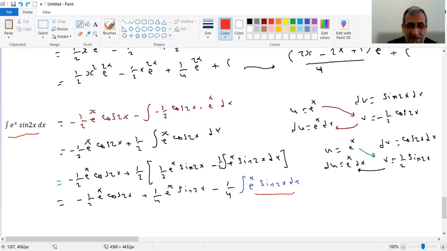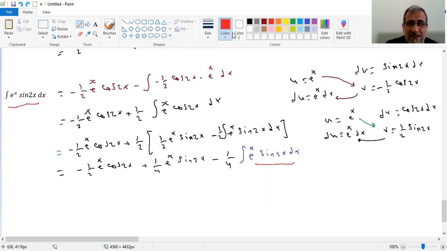So what we have then? We have the integral e^x sine 2x dx plus 1 over 4 integral e^x sine 2x dx equal what?